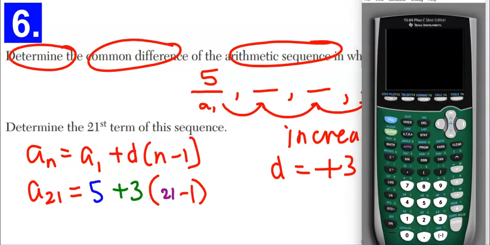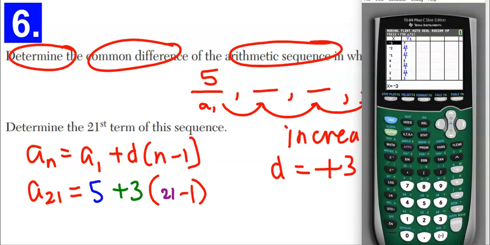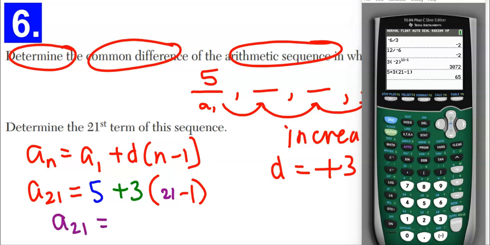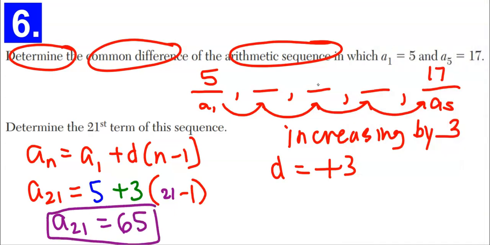Pick up your calculator, go to the main math screen here, so quit out of this, and I'm going to type 5 plus 3 parentheses 21 minus 1. So it looks like the 21st term, the answer in the 21st position, is going to be 65. And that's how you answer question 6.